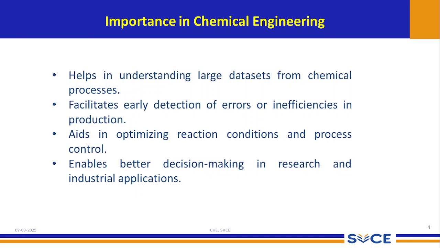Optimizing reaction conditions. Proper visualization can help adjust temperature, pressure or catalyst concentration for better yield. Better decision making. Engineers can optimize energy consumption in a plant by visualizing energy usage data.